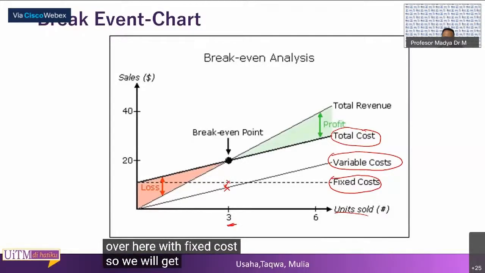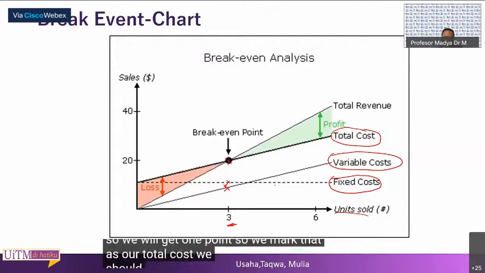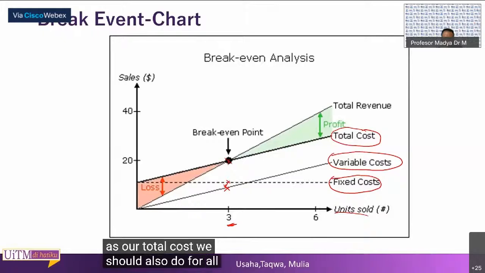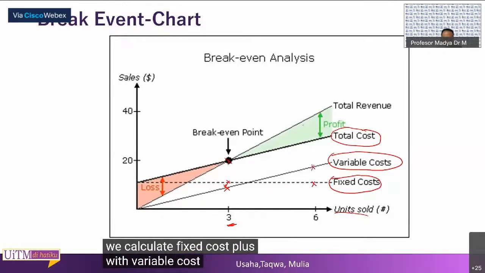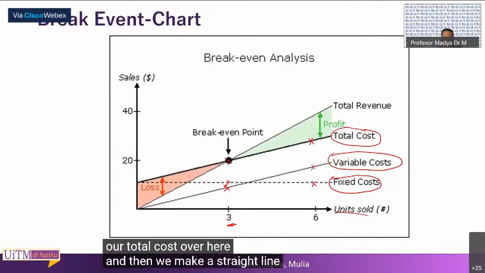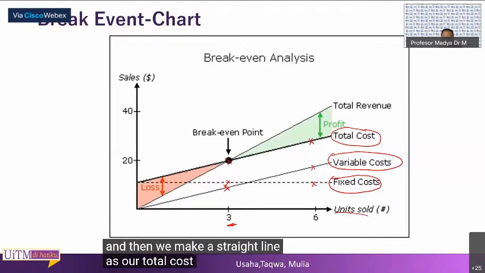So we will get 1 point. So we mark that as our total cost. We should also do this for all units sold. For example, for 6 units sold, we calculate fixed cost plus variable cost. So it will show our total cost over here. And then we make a straight line as our total cost line.